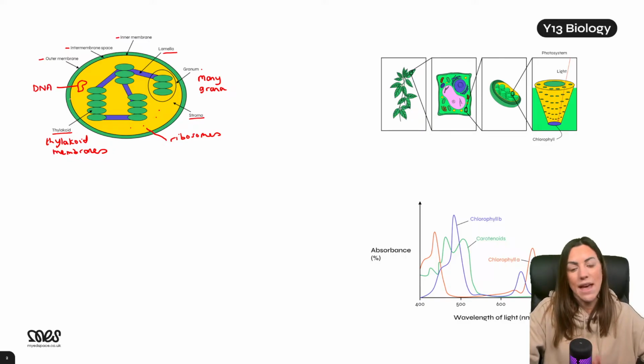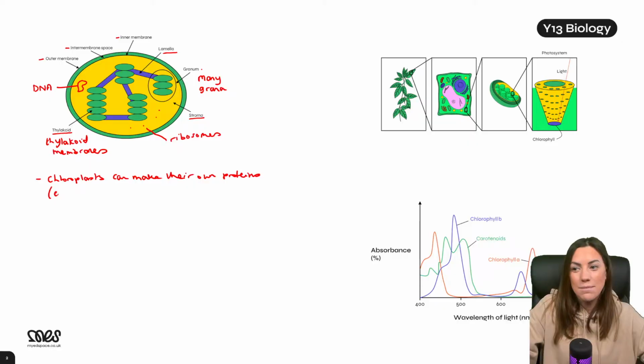Now, together, having their own DNA and ribosomes is really useful because it means that chloroplasts can make their own proteins, such as enzymes, that they're going to need for both stages of photosynthesis.